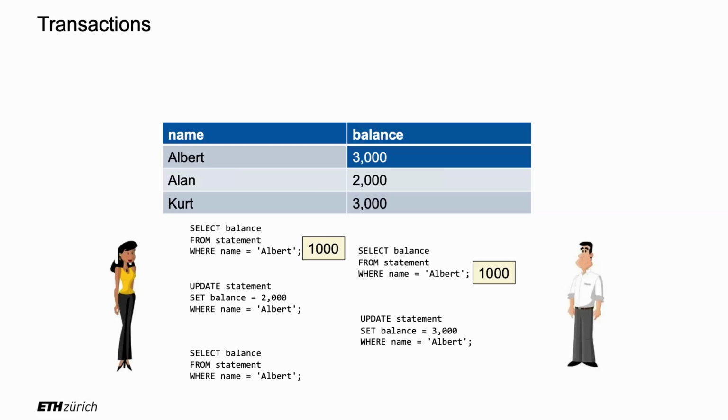The first question is, what will she see? 3,000, right? What do you think she thought she would see? 2,000, exactly. And this is now we're entering the core of the SQL transaction, because now she actually gets 3,000, and Bob is not surprised, so he gets 3,000, right?